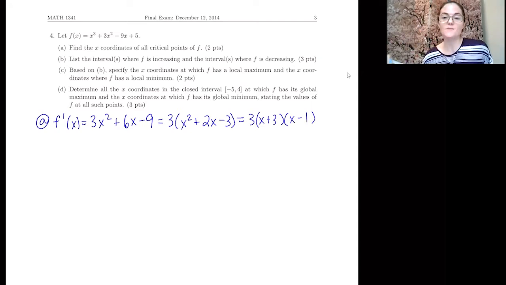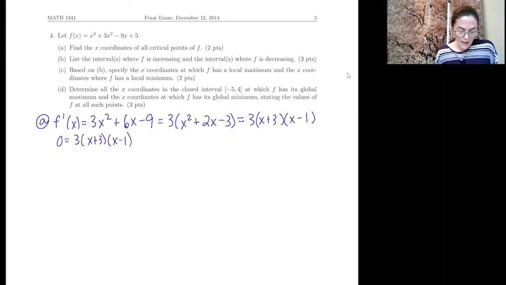If you add 3 and minus 1, we get positive 2. It looks good. Okay, so let's set the derivative to 0. And we get critical points minus 3 and 1. So this is part A.